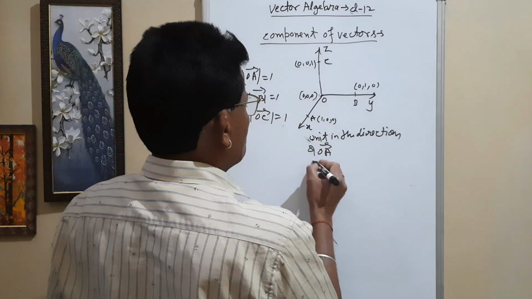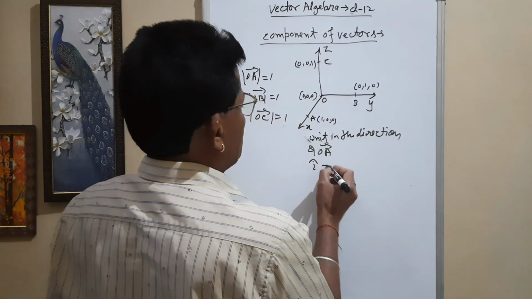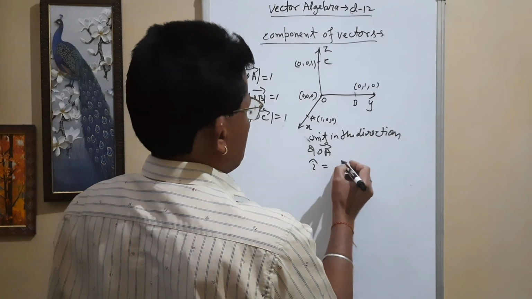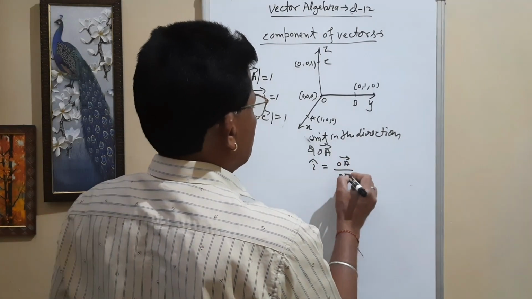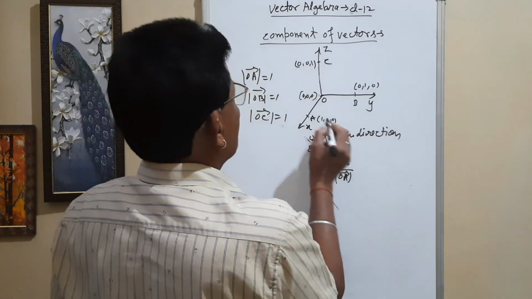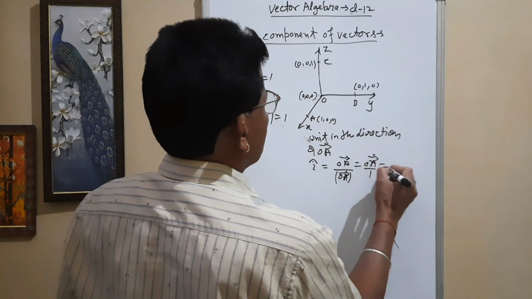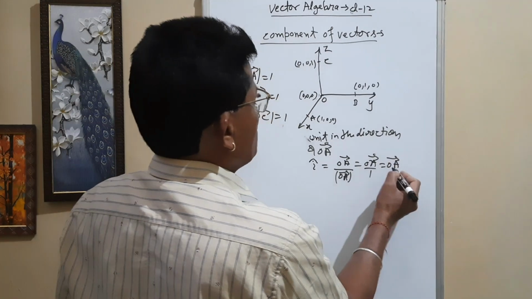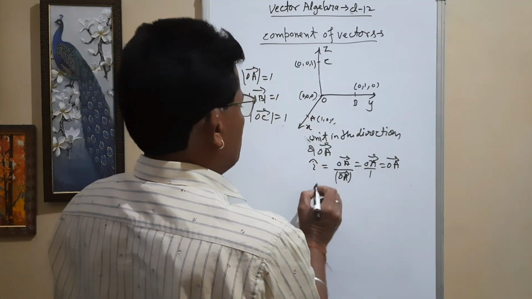Suppose I am taking the unit vector in the direction of OA. It is denoted by i cap, and it is vector OA divided by its magnitude. And the magnitude is already 1, so it will be equal to vector OA. That is why vector OA will be equal to the unit vector.